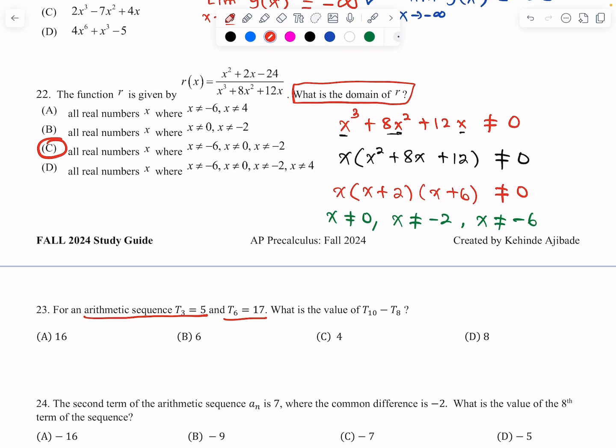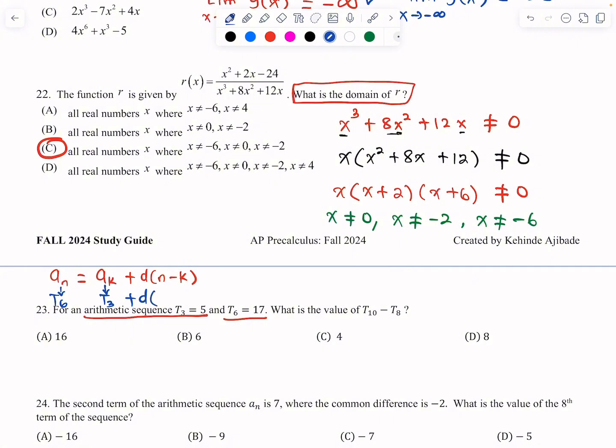So what I'm going to do right here is use the formula. You can list all the sequence because you know that each term is the addition of the preceding term, right? But I will just use the formula so that we master how to use it. So for the formula for an arithmetic sequence, I will have a_n is equal to a_k plus d times n minus k. And then I decide to put T3 right here plus, I don't know my common difference.